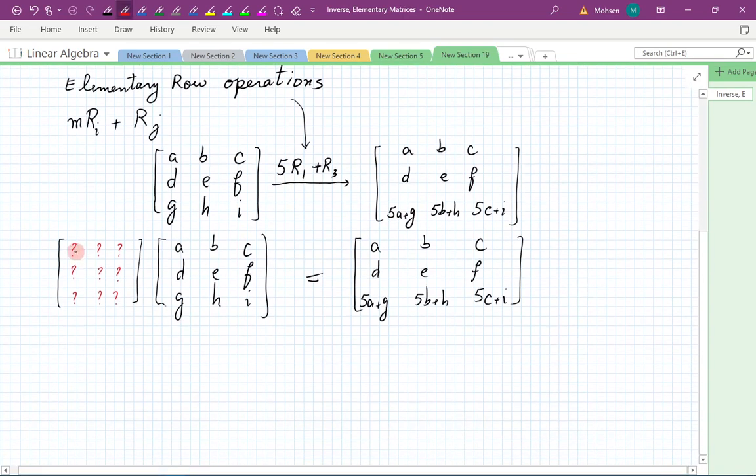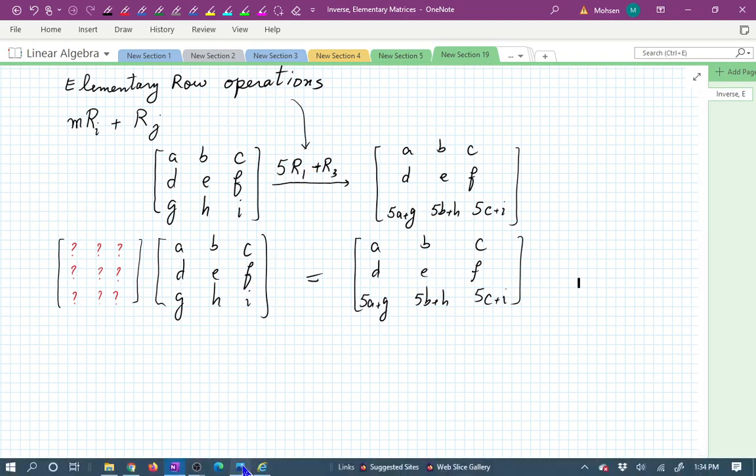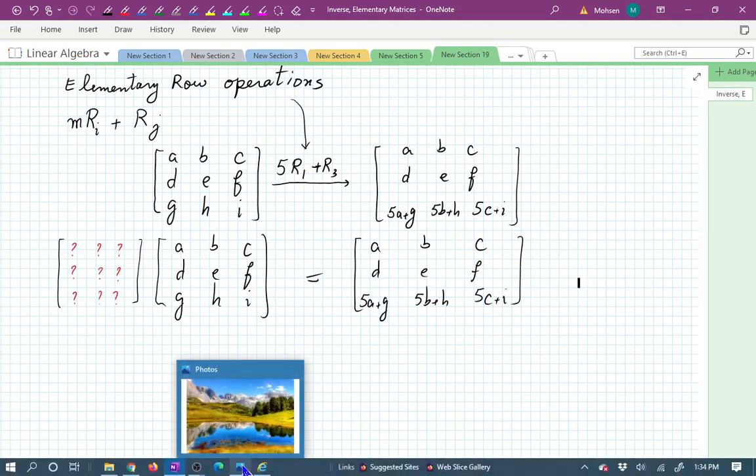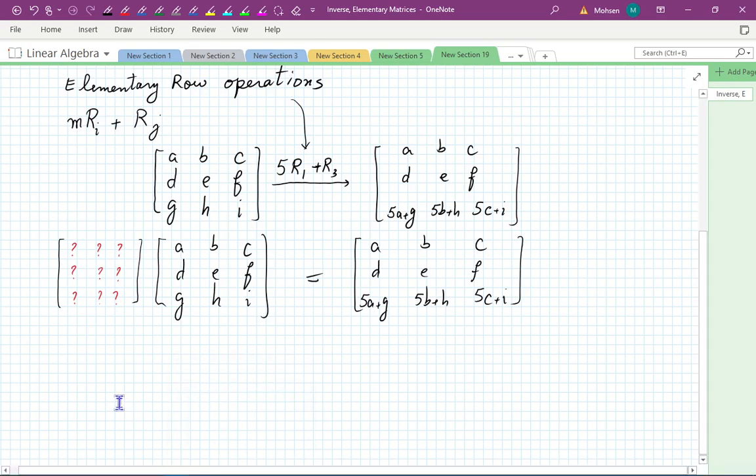So again, your task is to find these numbers such that when I multiply, I get the exact same effect that this operation was doing. So what we are saying is that these types of operations we are doing are exactly matrix operations. So here's my clue: I ask everybody to actually do this before I write it down. So you stop and then complete this.